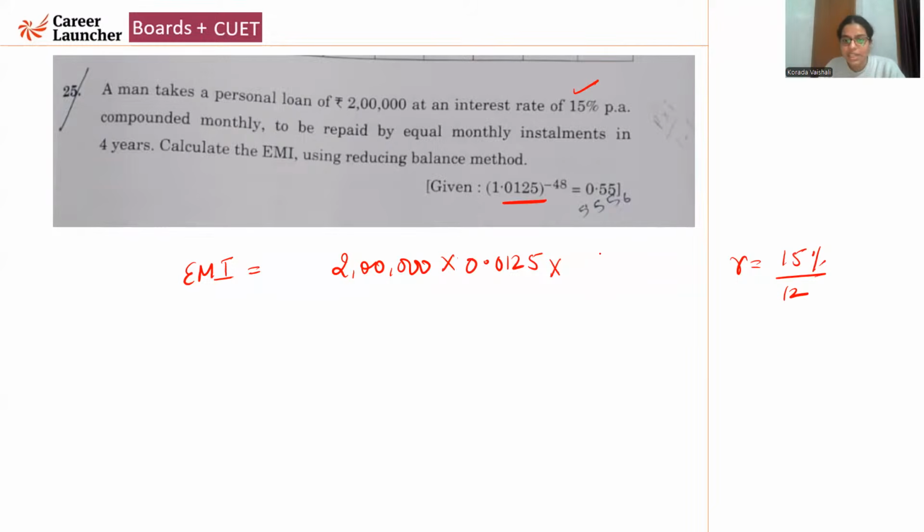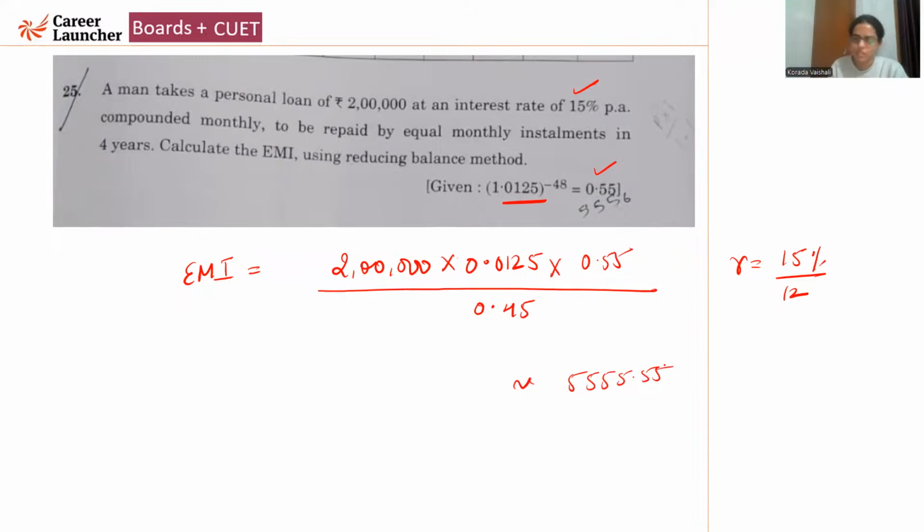So I'll write it down directly here, 0.55, and this divides with 0.55 minus 1. So basically इन दोनों को हम values को substitute करेंगे. So overall, so this is going to be 0.45 and approximately 5555.55, but approximately आप 5556 भी लिख सकते हो. So both of them are correct. And this completes the question number 25.